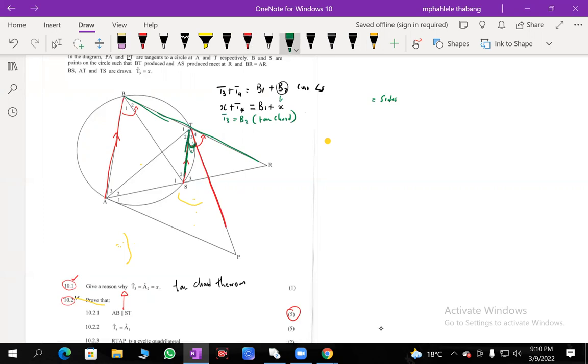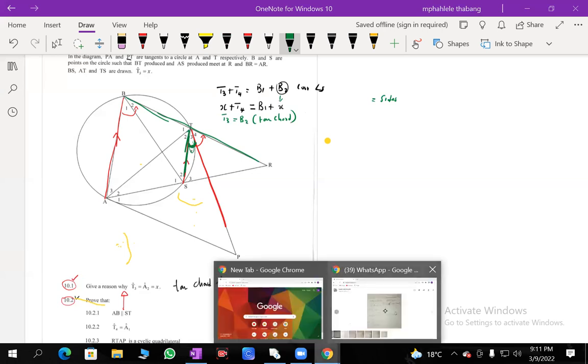So this angle T3, X, is between the tangent and a chord. So T3 equals B2. T3 equals B2, and T3 is already X. So B2 is also X. Okay, then let me see what you've done after.